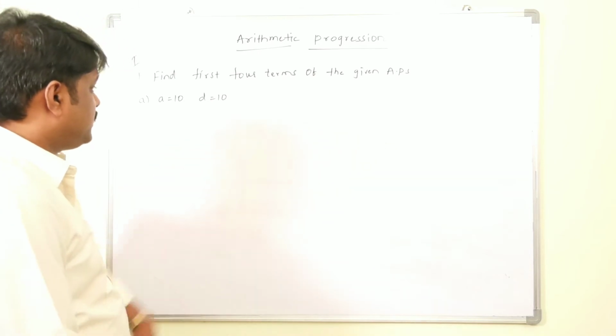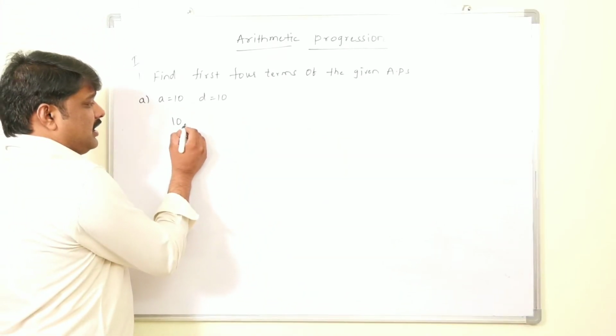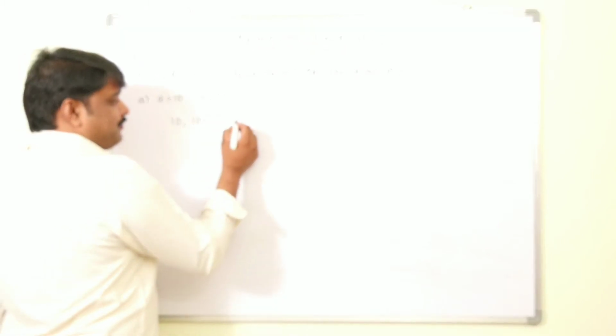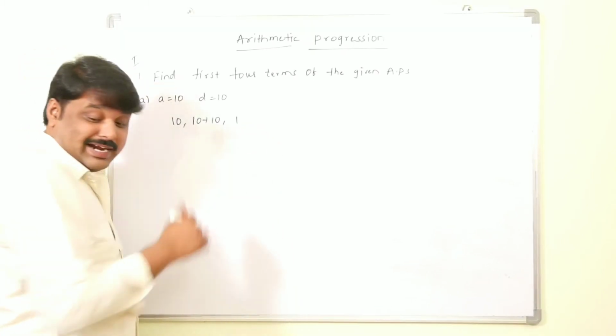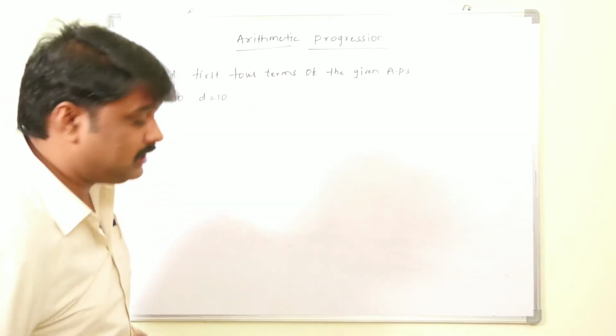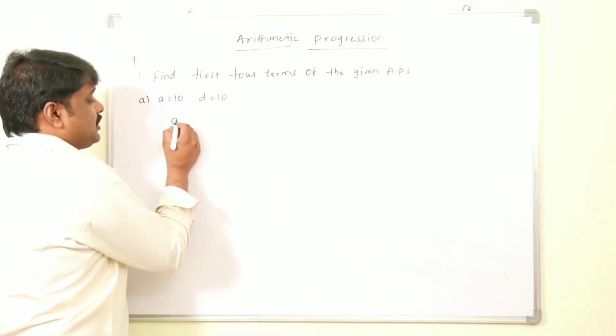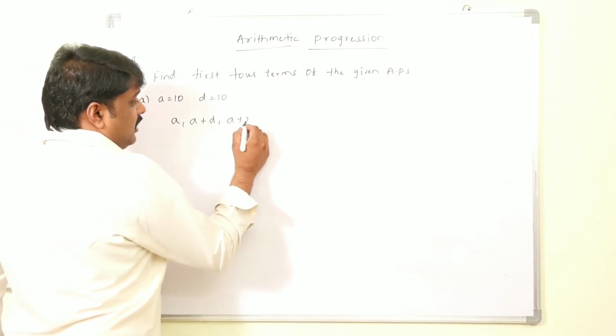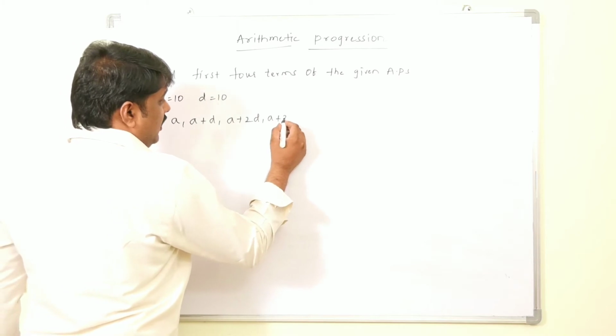Now, how to find the first four terms? The first term is 10 anyway. The second term is 10 plus 10. Let us write in this manner. As we discussed previously, in the general arithmetic progression, the first term is A, then A plus D, A plus 2D, A plus 3D.